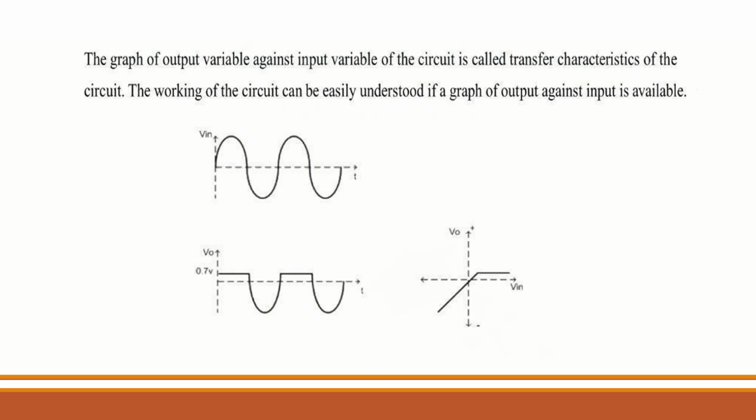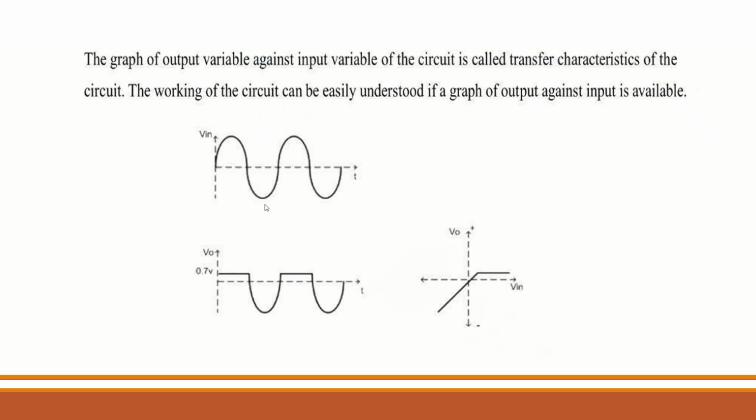Next, we will discuss what we mean by the transfer characteristics of a clipping circuit or wave shaping circuit. Transfer characteristics is basically the graph between the input and output. In the x-axis, we are plotting the input voltage, and in the y-axis, we are plotting the output voltage.